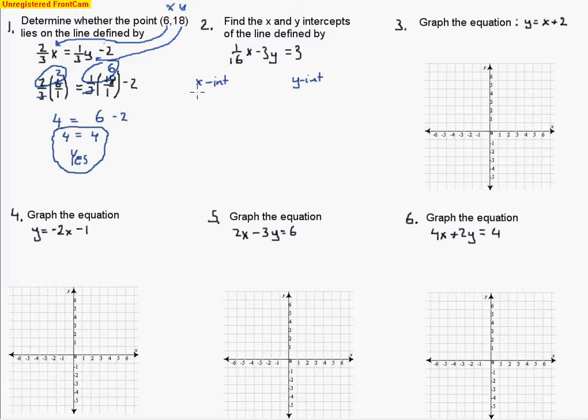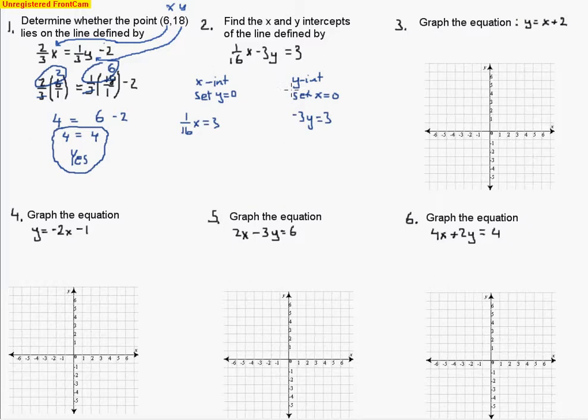When I find the x-intercept, I'm going to set y equal to 0, and that cancels out the y term, so I'm only left with 1/16 x equals 3. For the y-intercept, I'm going to set x equal to 0, which cancels out the x term, so all I'm left with is negative 3y equals 3.